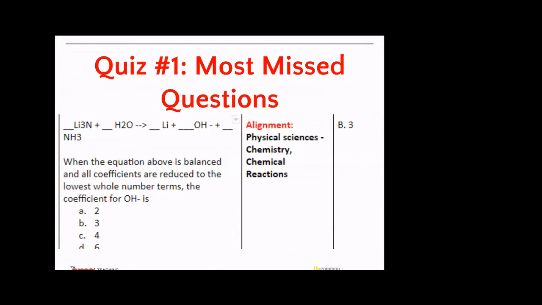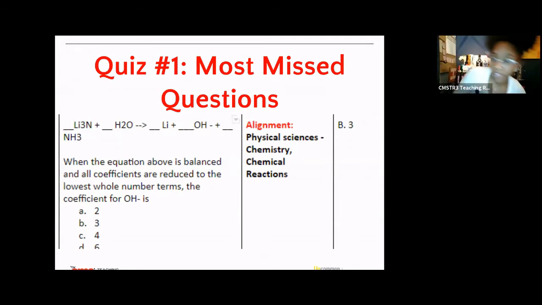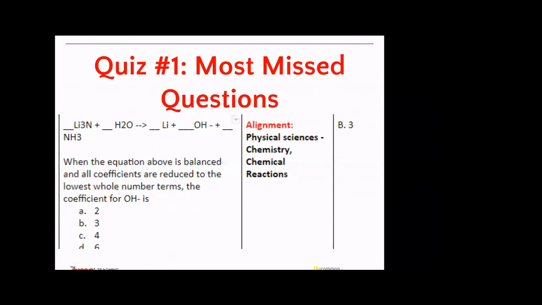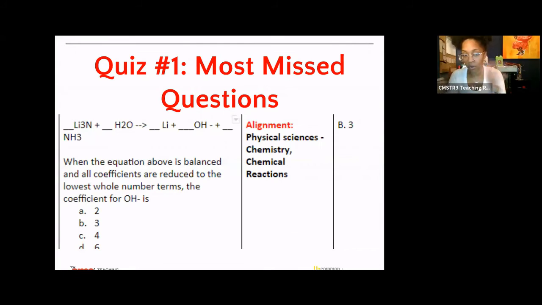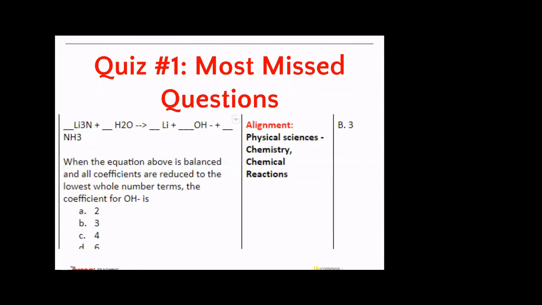What I always tell my kids to do is to make everything odd and even. So if you ended up with 2 plus 3 is 5, go back to the one that you just changed and fix it so that the total is an even number. So I would tell them to change it to a 3 because 3 plus 3 is 6, and the whole thing will balance out a lot easier.